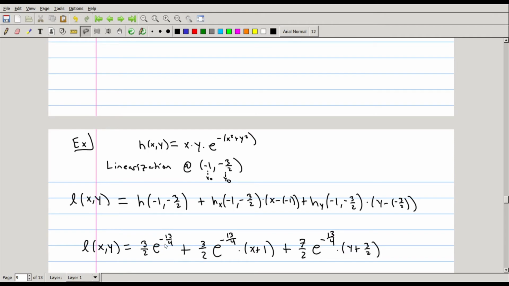The x partial derivative value is coming from our previous calculation. And lastly, we found that the y partial derivative at this point is 7/2 e to the -13/4. This is going to be times y minus -3/2, y minus y naught, which is y plus 3/2.